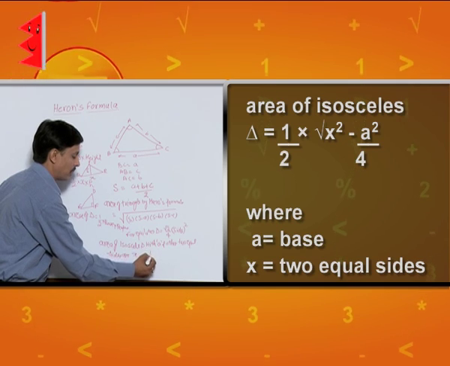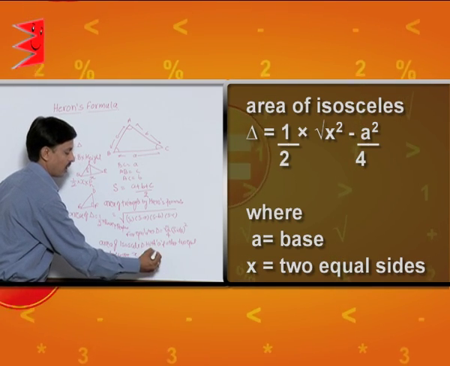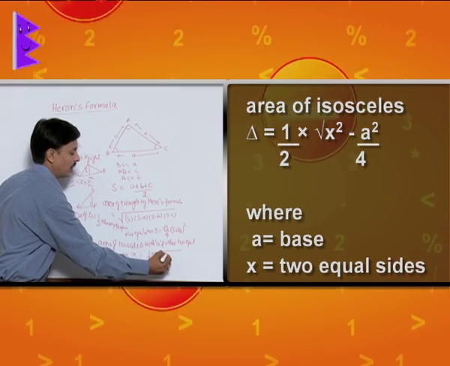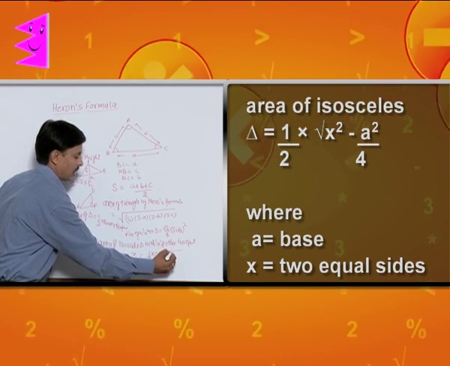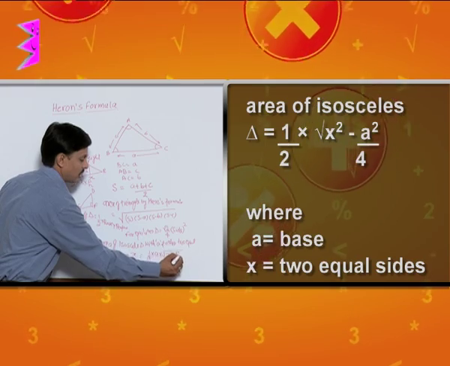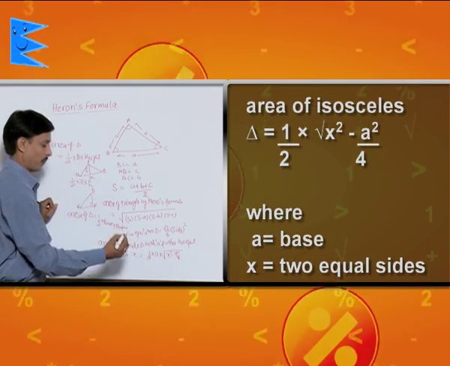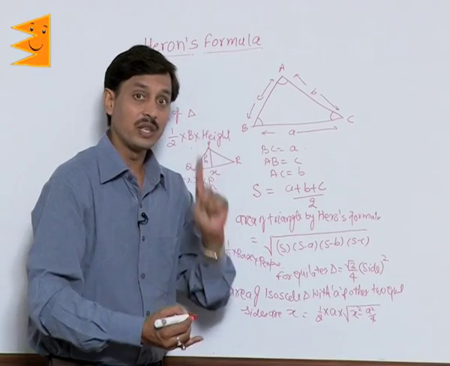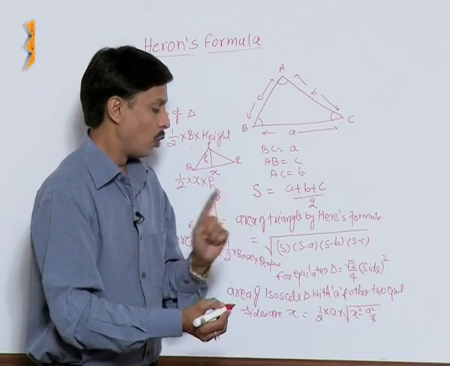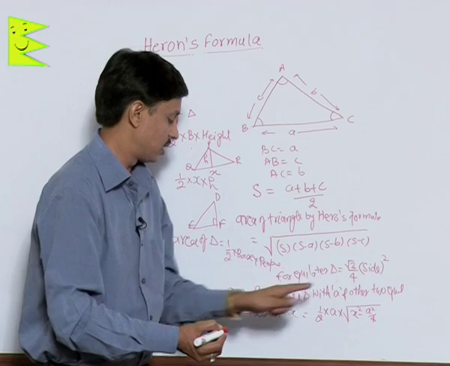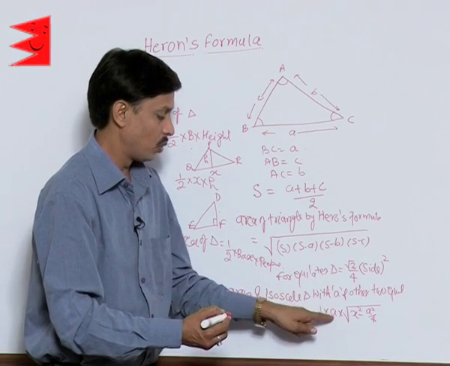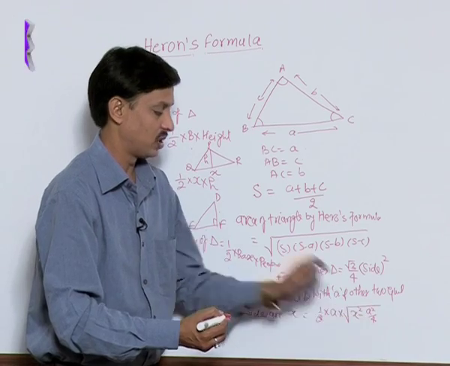Area in this case will be half into base a into height, calculated as root of x square minus a square by 4. So this is the formula for an isosceles triangle whose base is a and other two equal sides are given by x. It is half into a into root of x square minus a square by 4.